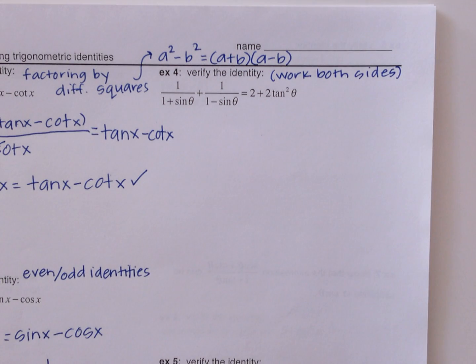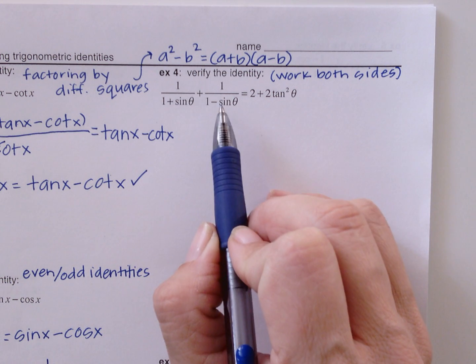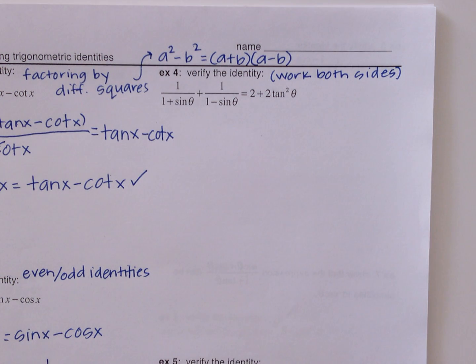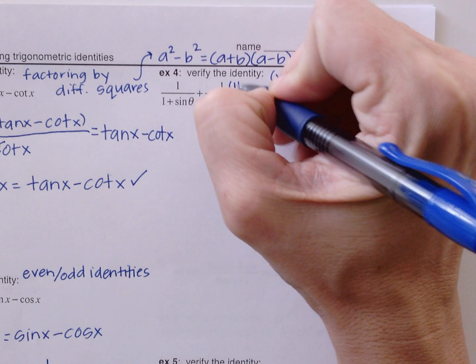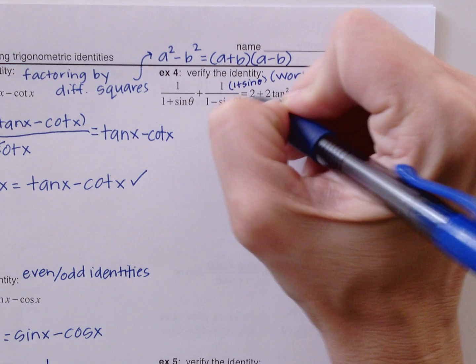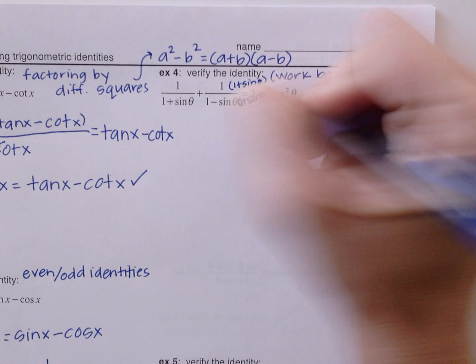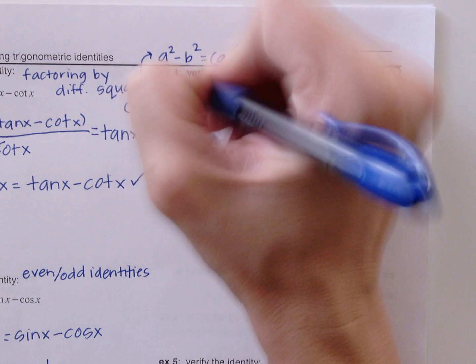So with this problem right here, I'm going to approach it as if I didn't know I was going to work both sides. The first thing I would do, because I have two fractions and they're already in terms of sine, is go down my list of tricks and see that I should probably get common denominators. So I'm going to give this one a 1 plus sine theta and a 1 plus sine theta. And this one needs a 1 minus sine theta. Now if you look, that's pretty cool.